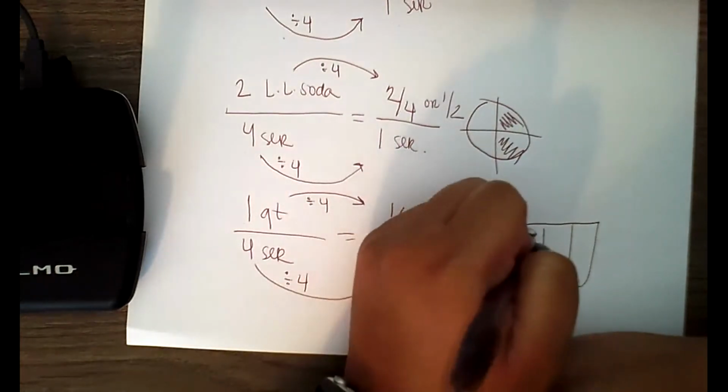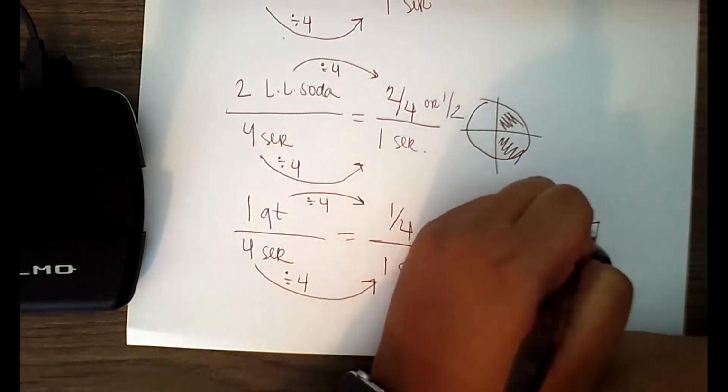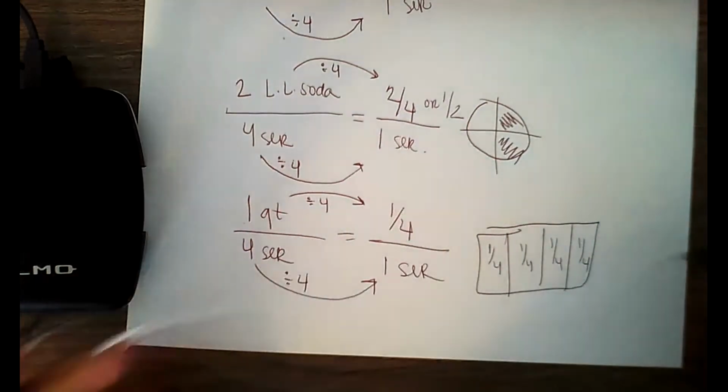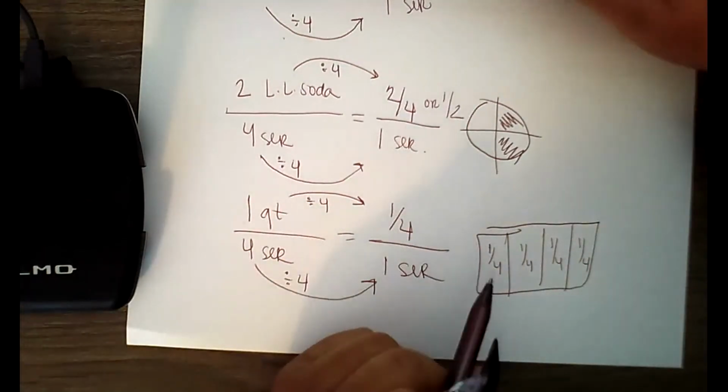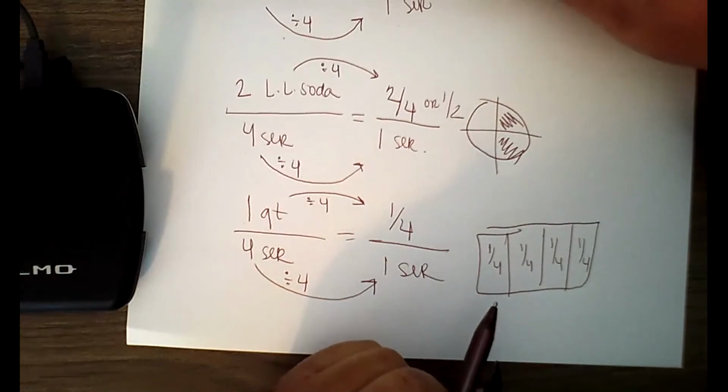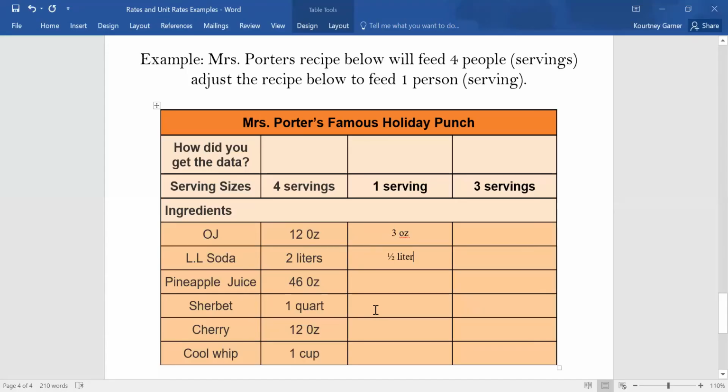Everybody gets a fourth of the dollar or 25 cents. So that means I'm going to go back to my table, and in that sherbet row for 1 serving, I'm going to put 1/4 of a quart.